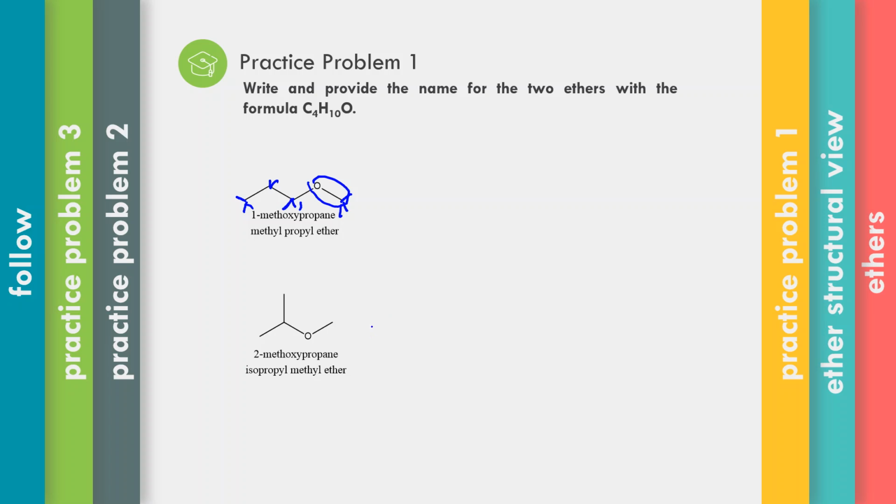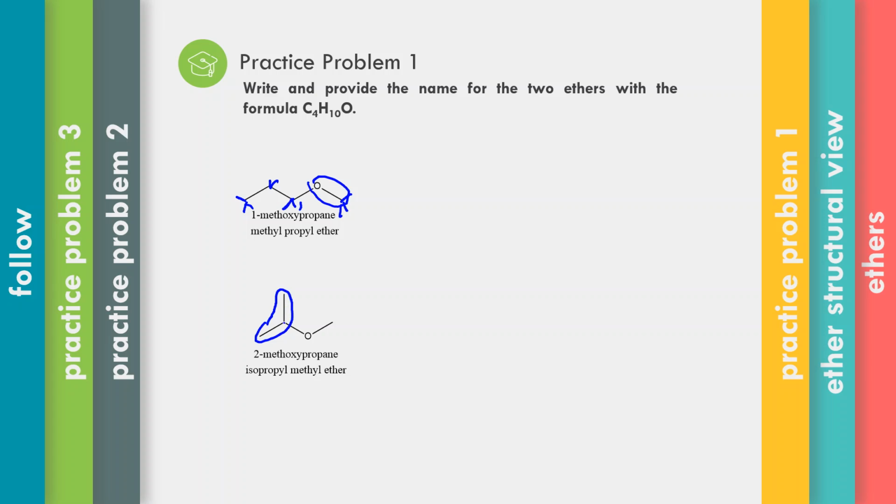Now, as far as the name goes, again we see that this is prop. So we've got 1 methyl to the right of oxygen and 3 carbons to the left of oxygen. So this would be your parent chain right here. And we understand it's prop because there are 3 carbons, an, all single bonds, e, hydrocarbon.